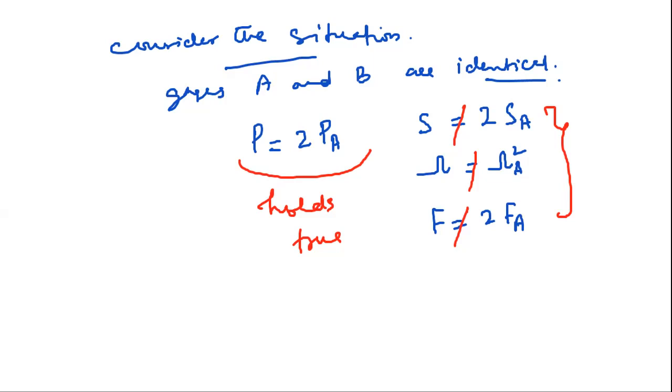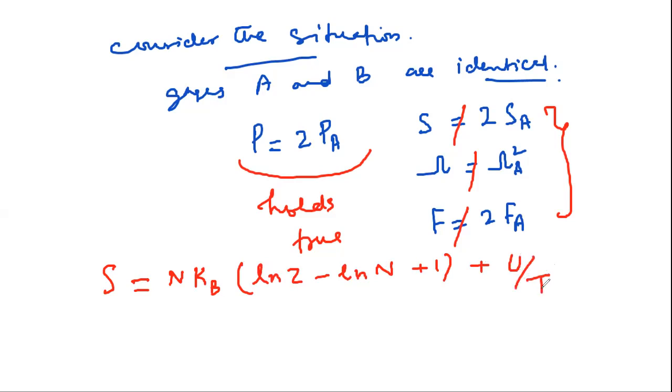Now I will give you a homework. If you take the equation we derived for the entropy, this one, S is equal to N KB [ln Z minus ln N plus 1] plus U by T. Remember, we derived this expression for the entropy.